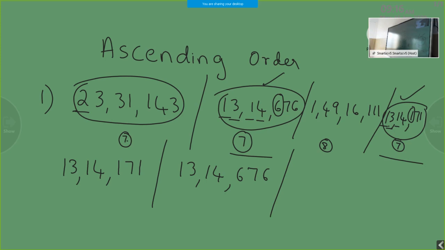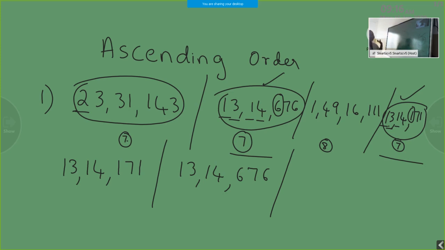Out of this, 13,14,171 is the smallest. Then comes the next number, 13,14,676. Now we know the third number definitely will be the 23 lakh one, because these three numbers have 7 digits. So out of these three numbers, we already got two numbers in this ascending order.